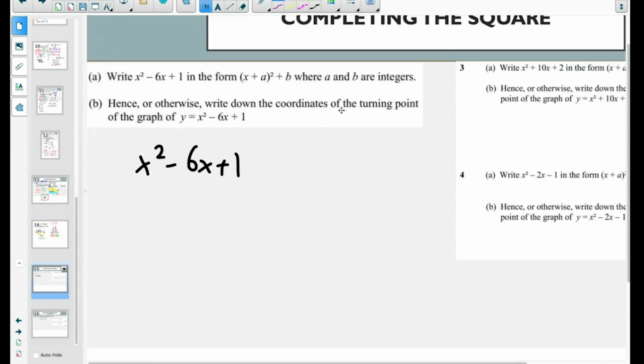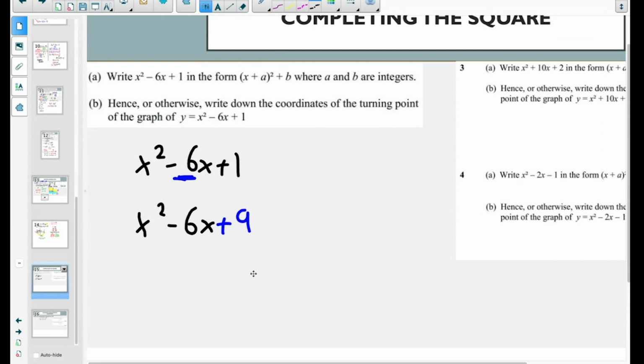To complete the square, we take half of our middle term's coefficient. Half of negative 6 is negative 3. We square it, and then we add it to the expression. So we have x squared minus 6x, and I'm going to add 9, so plus 9.